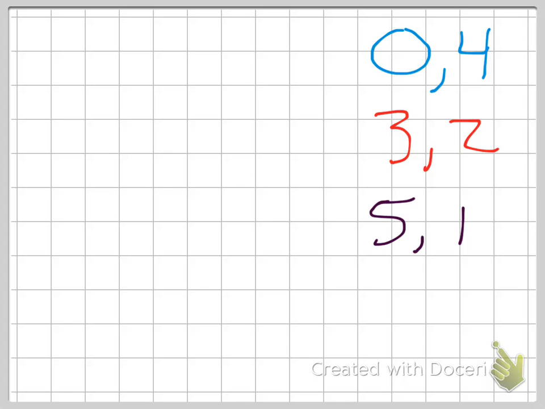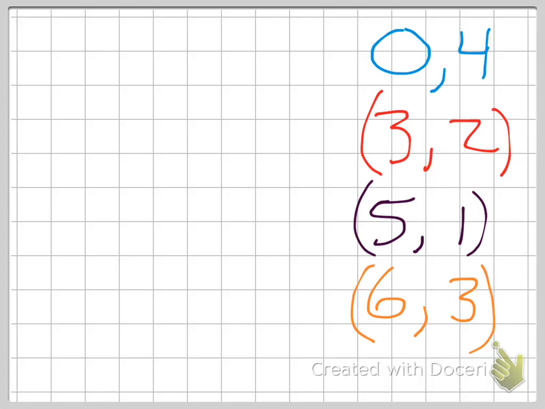And our fourth example will be (6, 3). And the last thing, and this is really important, is that our ordered pairs are always written with parentheses around them. That's one of the ways that we know that they are ordered pairs. So it's really important that we include them, that we're not just writing the numbers.